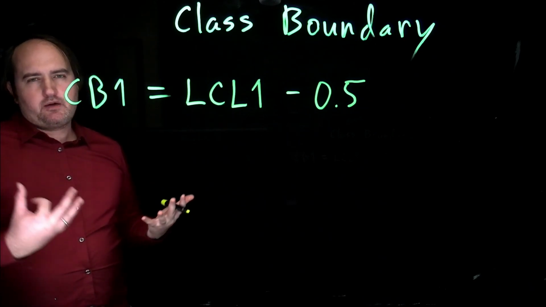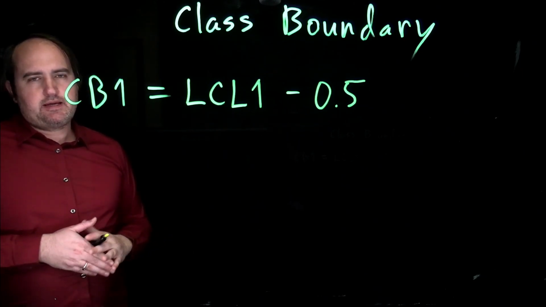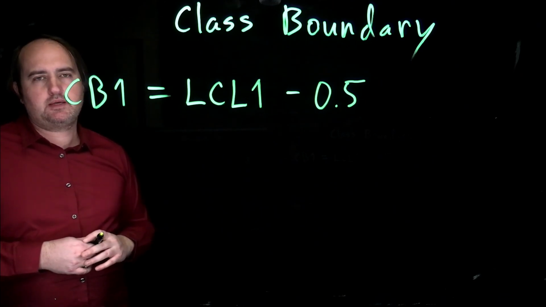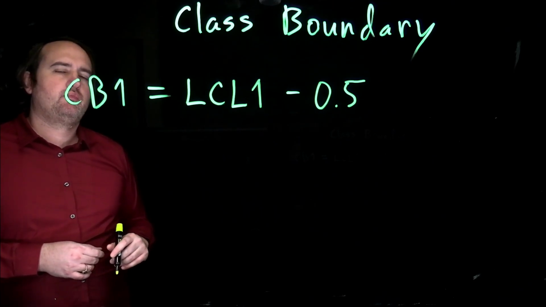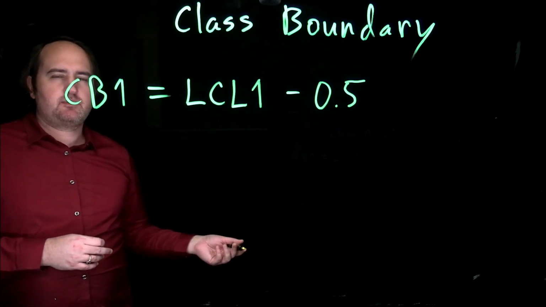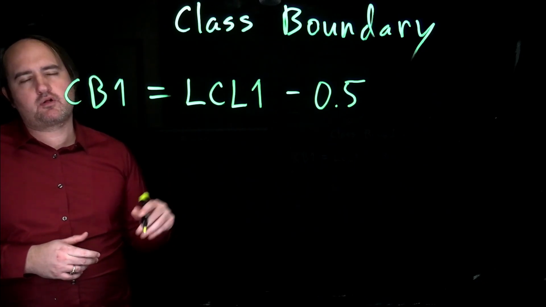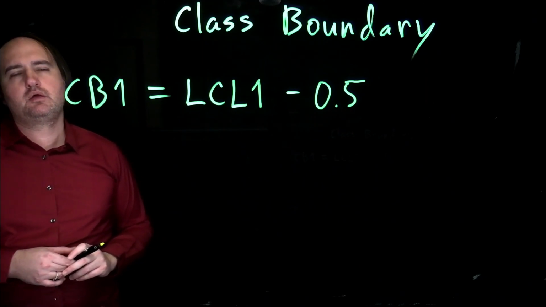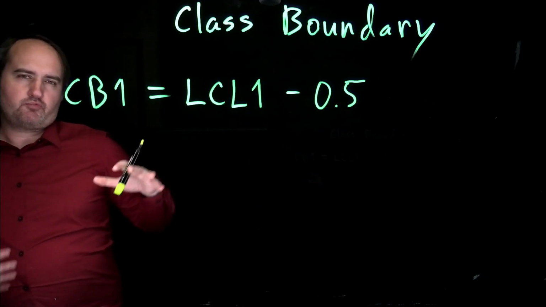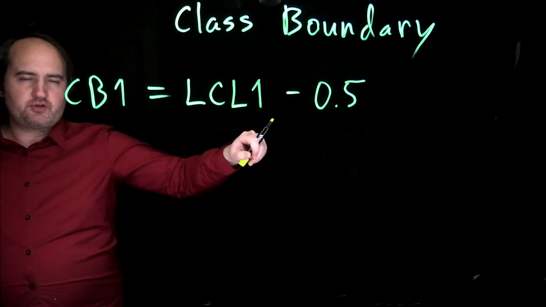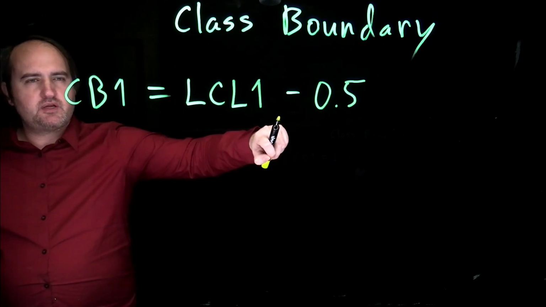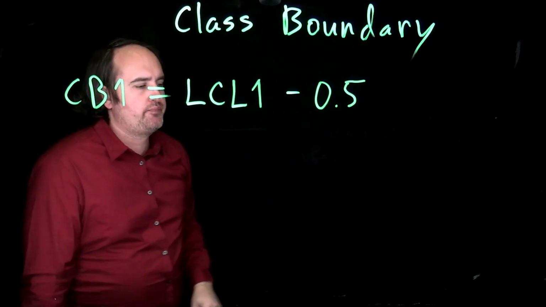And we already talked about what class boundaries represent. They're basically supposed to be midway between an upper class limit of a class and then the lower class limit of the next class. Okay? So anyway, regardless of the meaning of it, this is the formula for the first one. So class boundary number 1 is lower class limit number 1 minus 0.5.